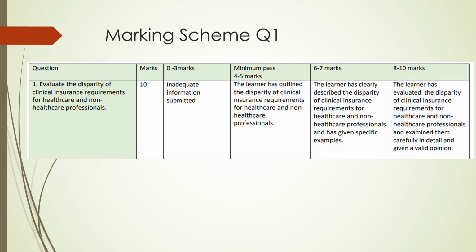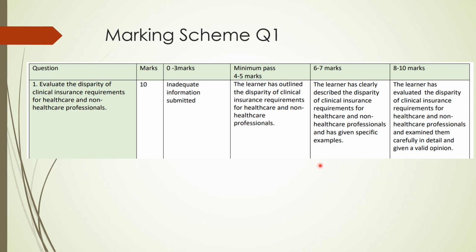And as previously stated, outlined means simple bullet pointed sentences, not really described in any form or at all. So you've just outlined the differences between medics, non-medics, or obviously I would probably recommend using the wording that's in the assignment, healthcare and non-healthcare professionals.